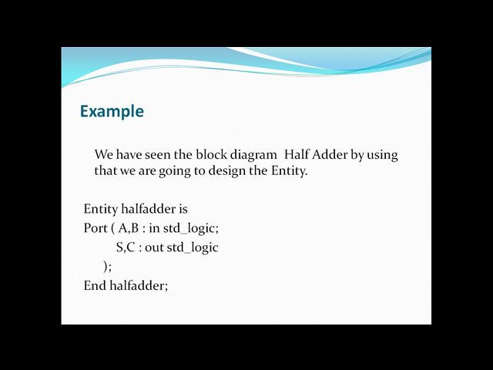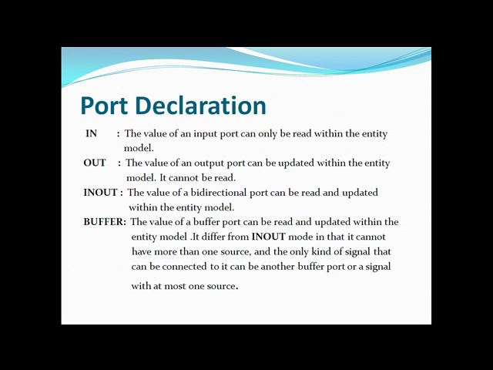A and B are acting as the inputs, therefore A comma B colon in std_logic; in deals with the input, out deals with the output. Instead of standard logic we can also write bit, in bit for the output also, then close braces, semicolon, and end with the same entity name, half adder. This explains the entity declaration.